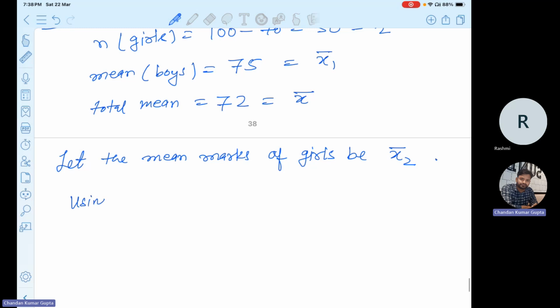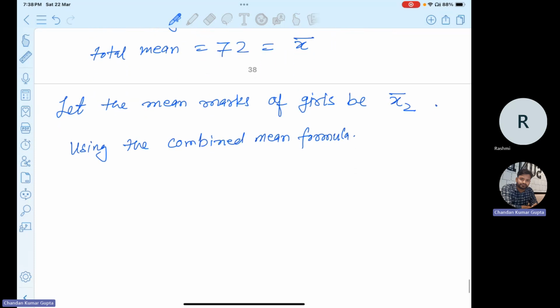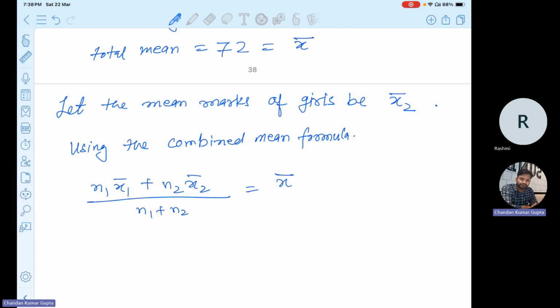Using the combined mean formula, we have different sectional means. That is N1 X1 bar plus N2 X2 bar, because there are only two groups here, divided by N1 plus N2, which gives the overall mean. The overall mean X bar is N1 into X1 bar plus N2 into X2 bar divided by N1 plus N2. If there are three, then N3 and X3 bar are also added, and so on.